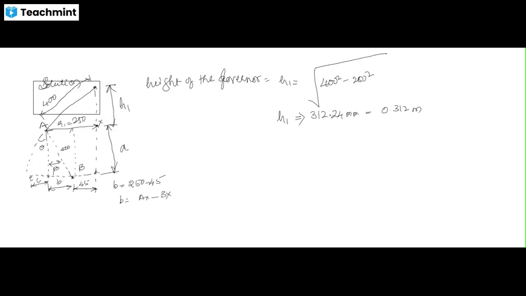AX is 250 and BX is 45. Now small b equal to 205 mm.